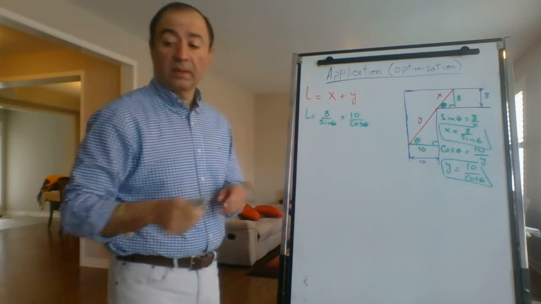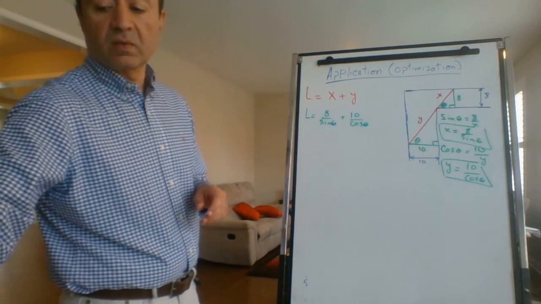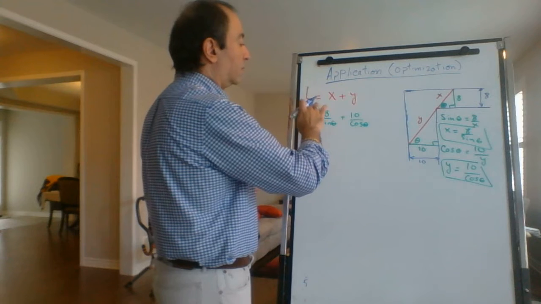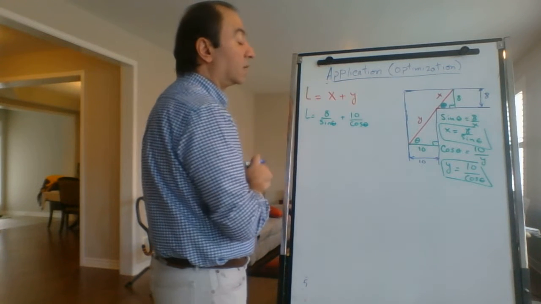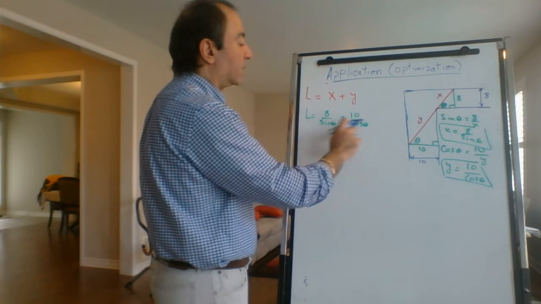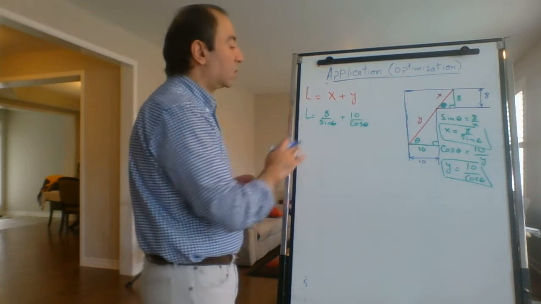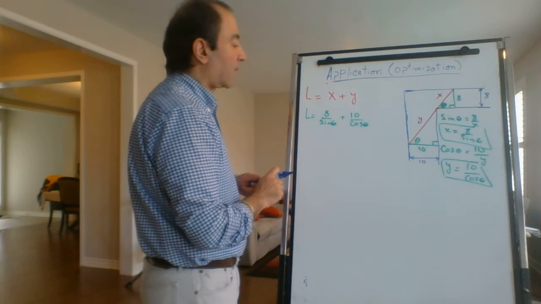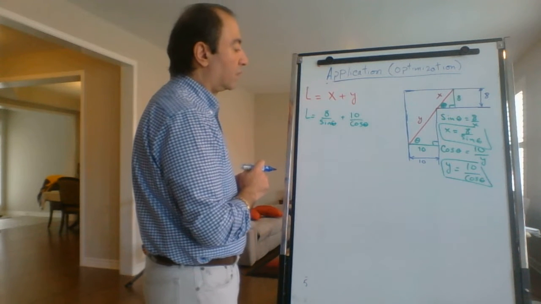Okay, now the next step is to find the derivative. So now I succeeded. I have found an equation for the thing that I want to maximize, and it has only one variable, theta. So what I'm going to do is find the derivative, make it equal 0, and solve for theta.